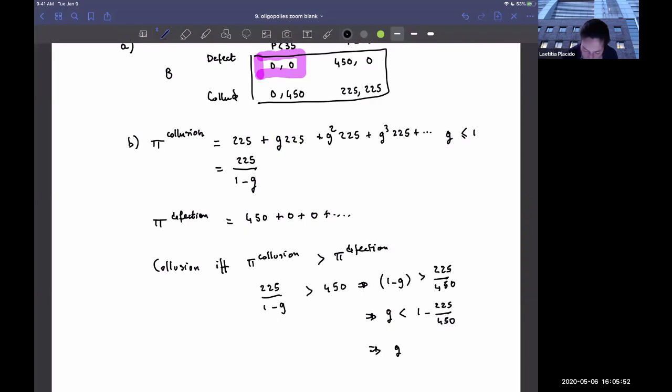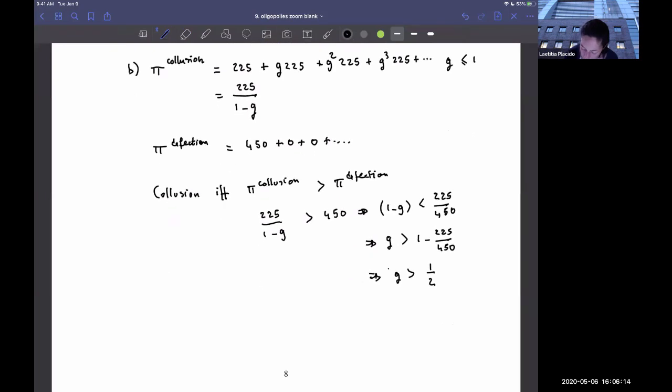Okay, yeah. So the sign here, sorry, that's the opposite. So this is smaller, and so G is higher than this, and this is 1/2. So, what does it mean? G has two interpretations here.